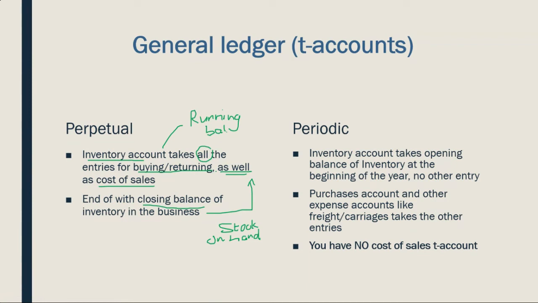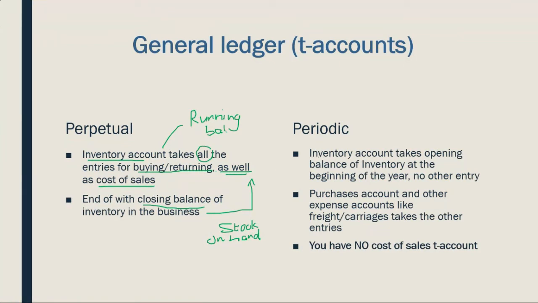Now this is not taking into consideration any thefts or damages that might have occurred. This is just based on a theoretical calculation. Whatever we have bought or returned should be what the stock is on hand at the end of the year. Okay, so this is the base case scenario.